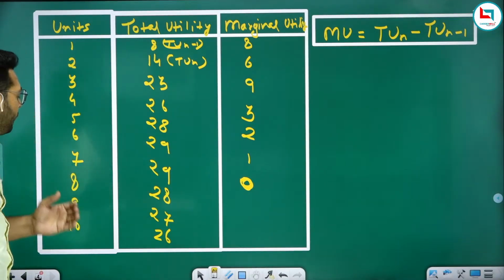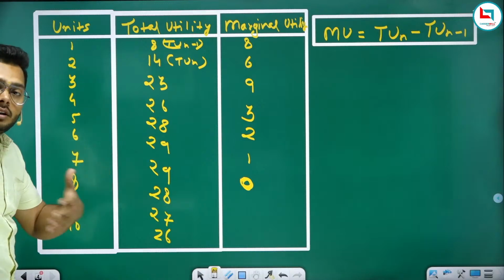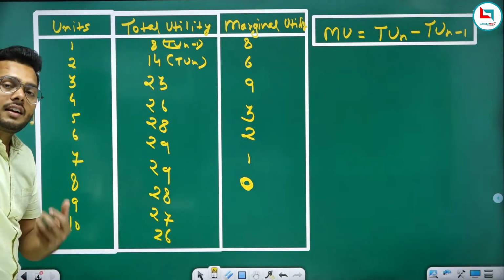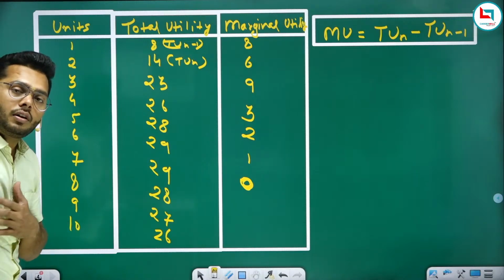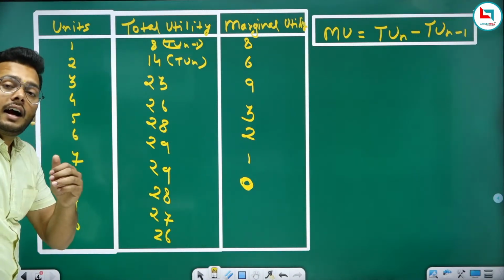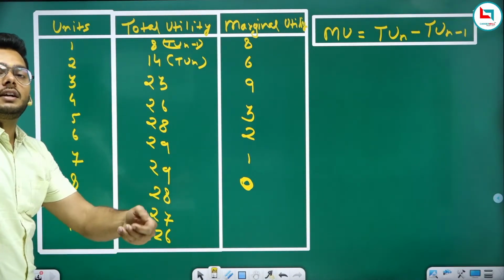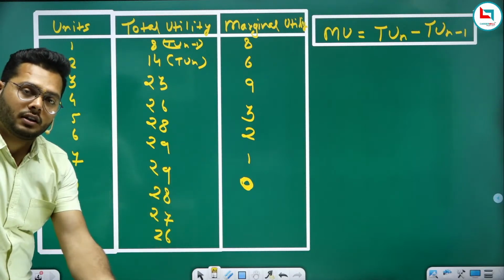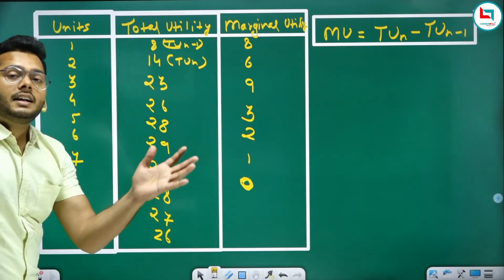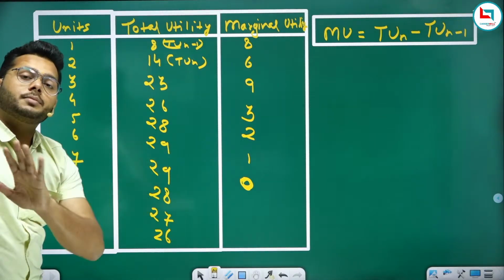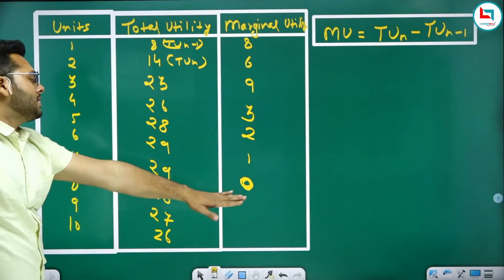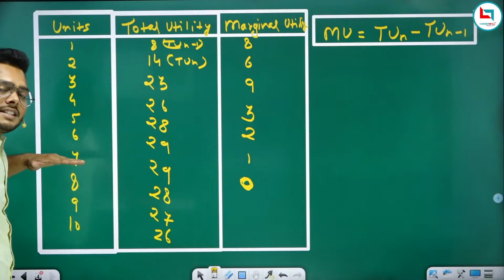But after eating some chapati and rice, your stomach will get full. And if anybody asks whether you want some more chapati, you will directly refuse, because your satisfaction has already ended. So the maximum satisfaction you will get is at the 7th unit.